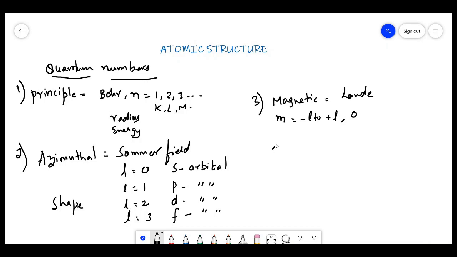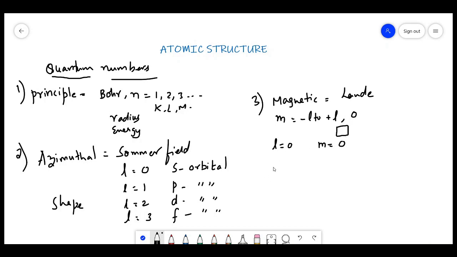If L is equal to 0, then the M value will be equal to 0. So L is s, 0 means you get only one s orbital, only one box. So you can write a maximum of 2 electrons.